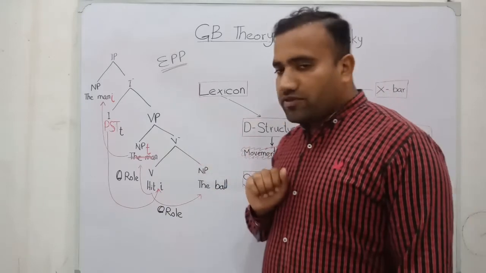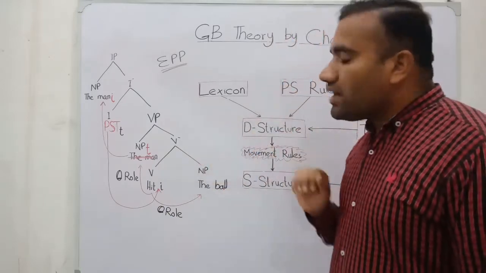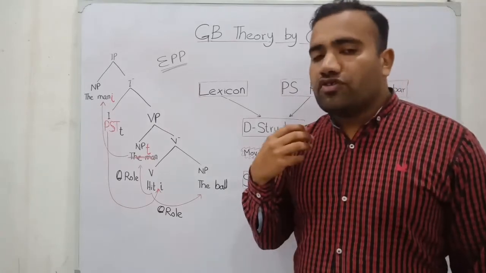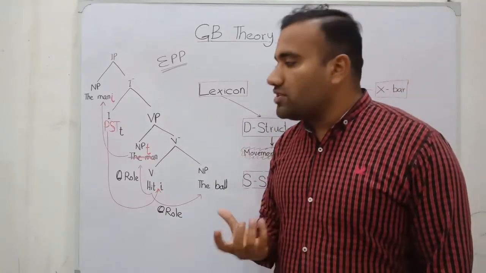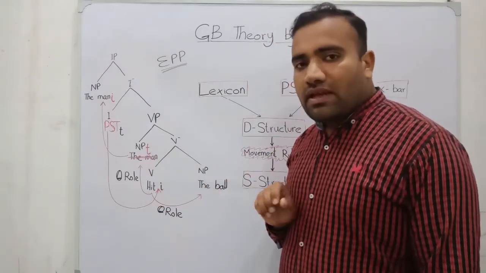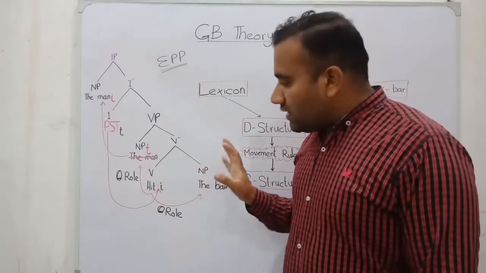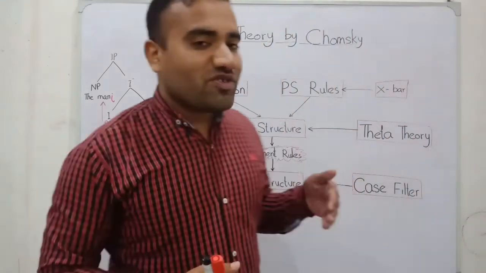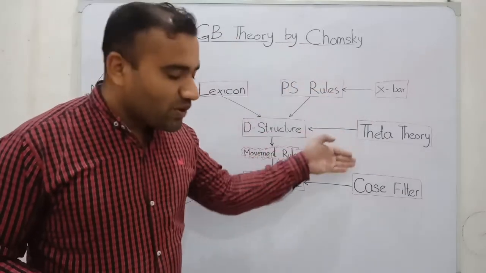And at this place we have generated the D structure, because our sentence in the English language is: the man hit the ball. If we want to generate this sentence, we must fulfill this module.